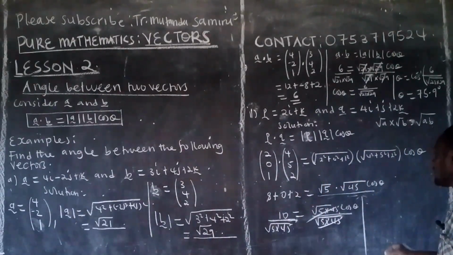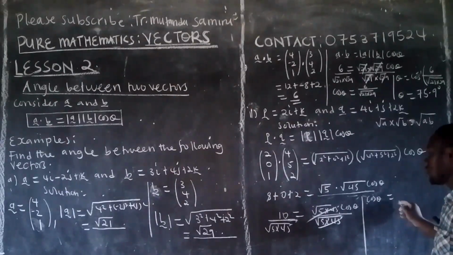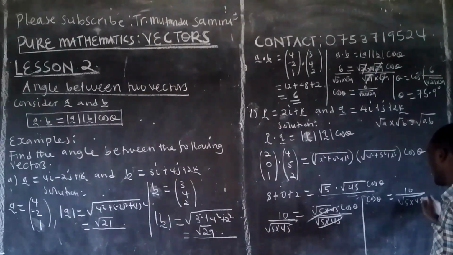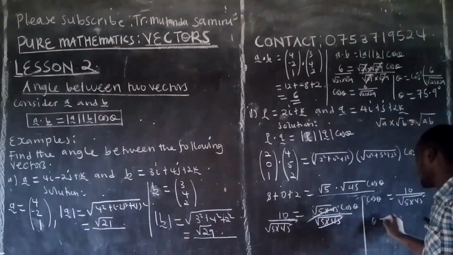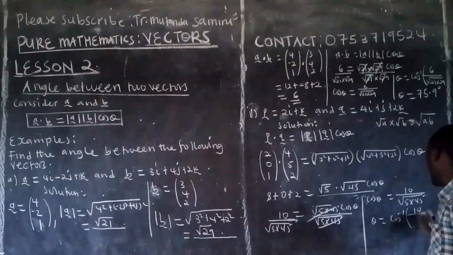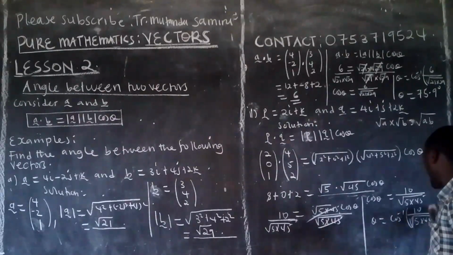Then cos of theta is equal to 10 over the square root of 5 times 45. So theta will be equal to cos inverse of 10 over the square root of 5 times 45, which can be pressed in the calculator.